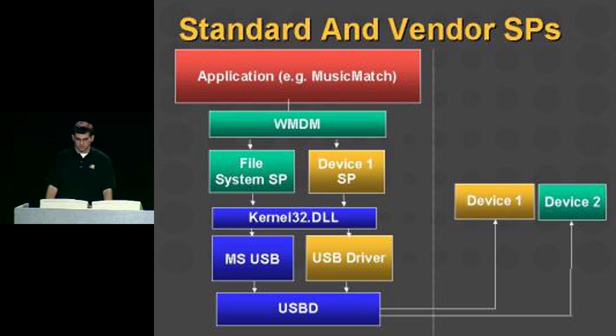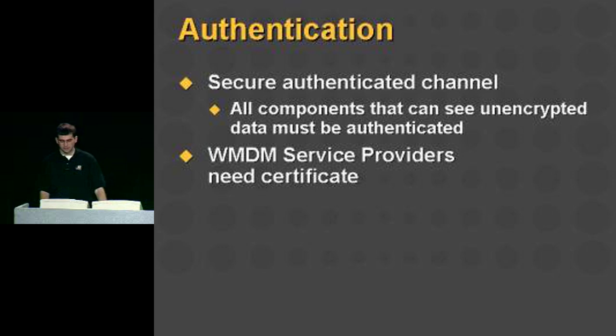As I mentioned before, this is the point where I'll go back through this whole pathway here: the service provider, the driver, and so forth. All of these components, if they're going to be able to see any unencrypted data, need to be authenticated.